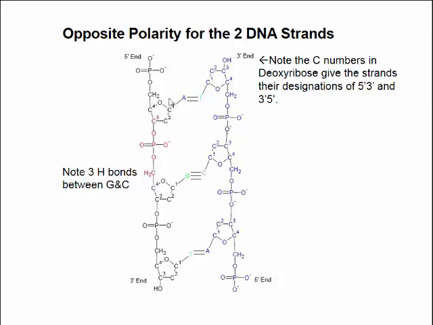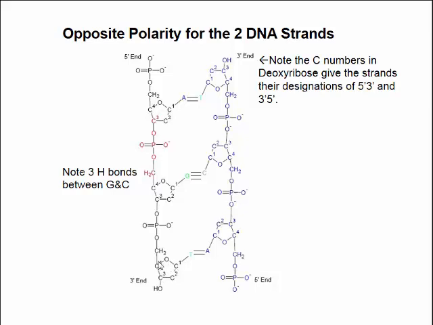So in this diagram we're seeing the directionality of the 2 strands, and also we're noting the numbers of hydrogen bonds, 3 between guanine and cytosine, 2 between adenine and thymine. So here you can see the pentose sugar, deoxyribose, with the carbons numbered. So this is the 3' end.